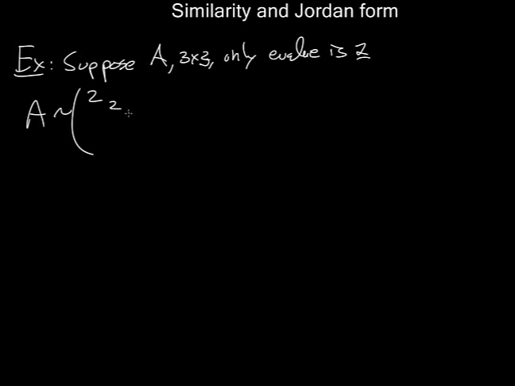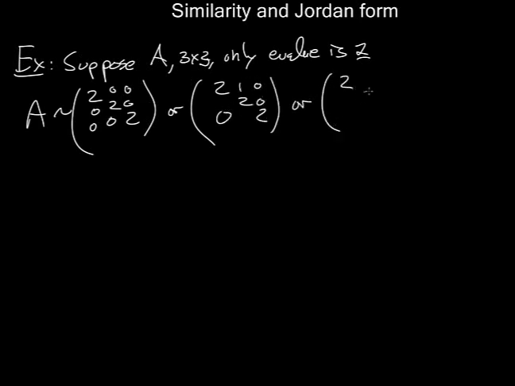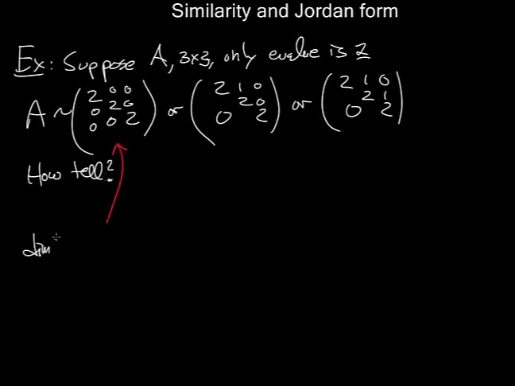So let's see an example of this. Suppose A is a 3 by 3 matrix and its only eigenvalue is 2. Then we know the only possibilities for A are the following. It could be diagonal, it could have this form, or it could have this form, which is to say a block of size 2 and a block of size 1 in the second case, and in this third case a Jordan block of size 3.